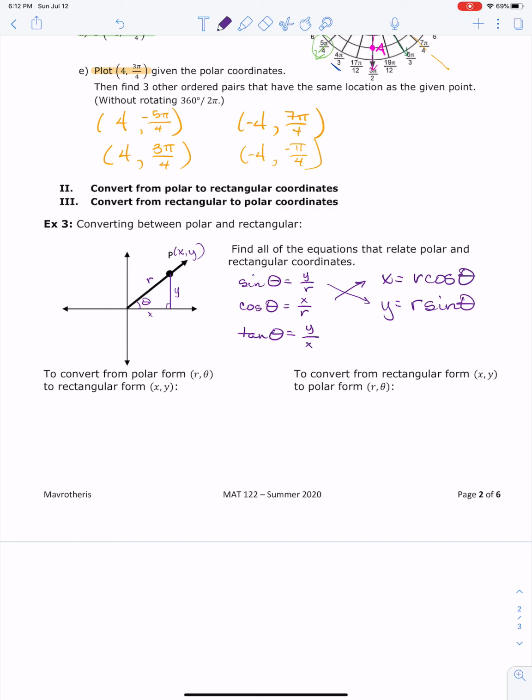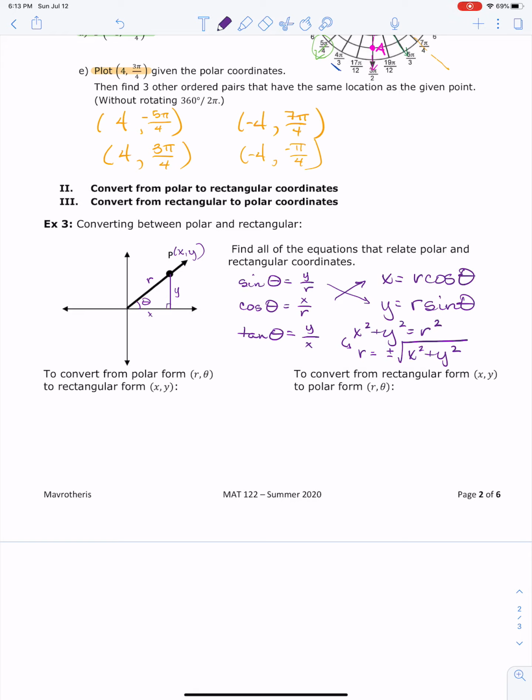I can also use the fact that I know that x squared plus y squared equals r squared, which means that r could be equal to plus or minus the square root of x squared plus y squared.